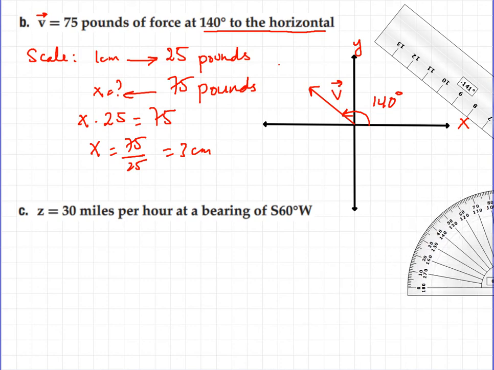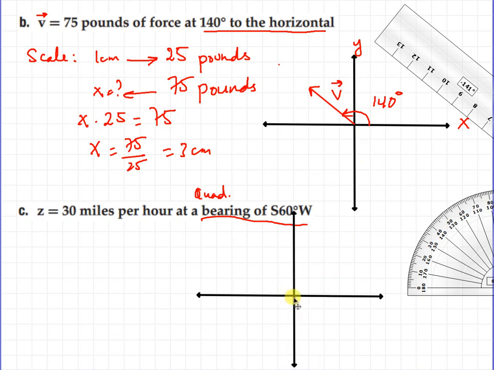For the third one, 30 miles per hour at a bearing of S 60 degrees west. Now this bearing here is a quadrant bearing. So I will just grab the directions here.